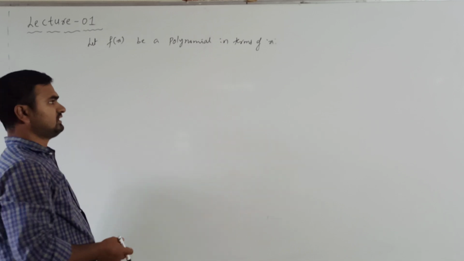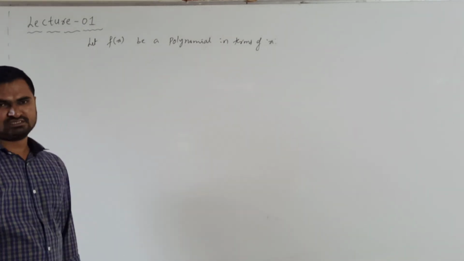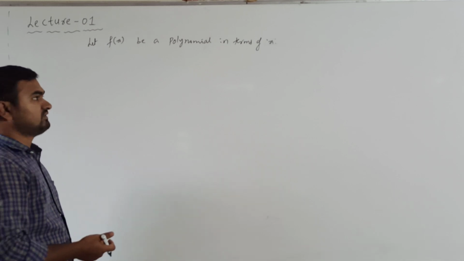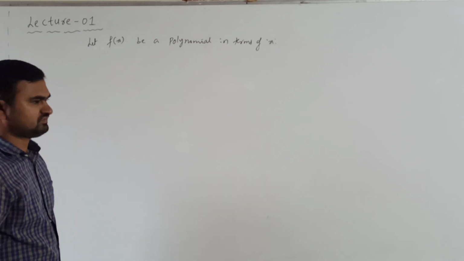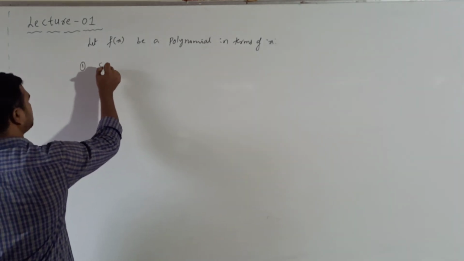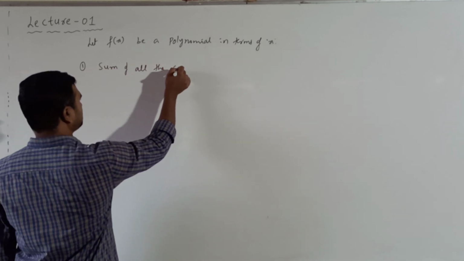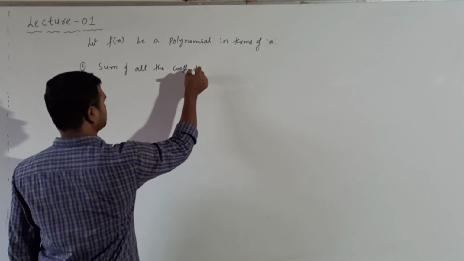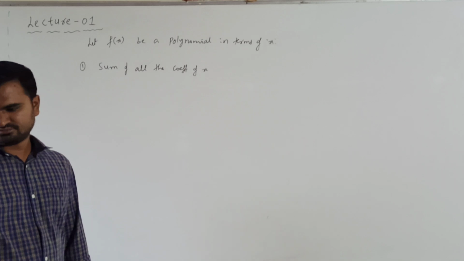Now for this polynomial, we are interested in finding the sum of all the coefficients, like sum of coefficients of even powers of x, sum of coefficients of odd powers of x. So for that we have formulas. One formula is the sum of all the coefficients.